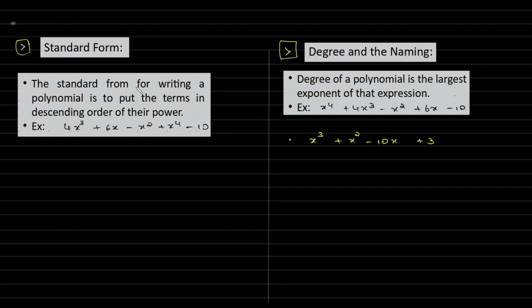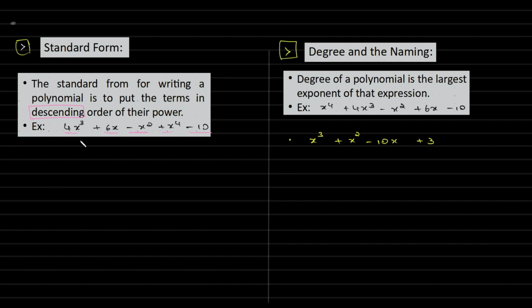The standard form for writing a polynomial is to put the terms in the descending order of their powers. What does that mean? A polynomial is made up of many terms. That's the basic definition, right? In each of these terms, we have variables with their powers.